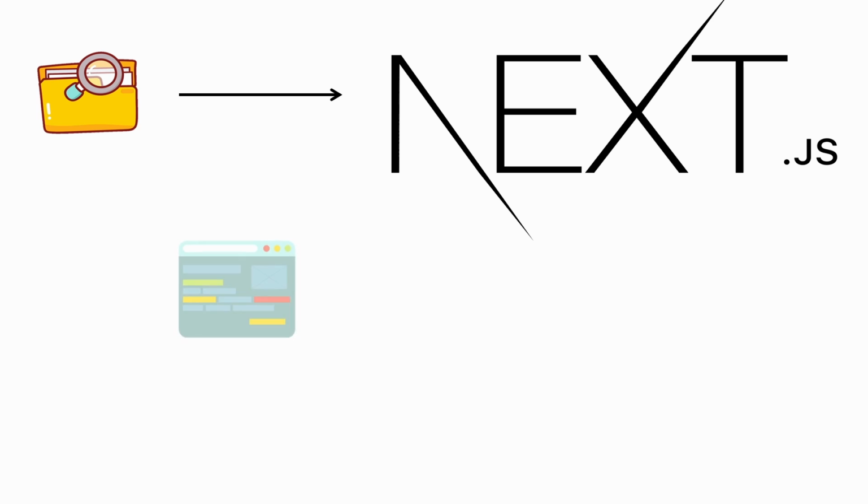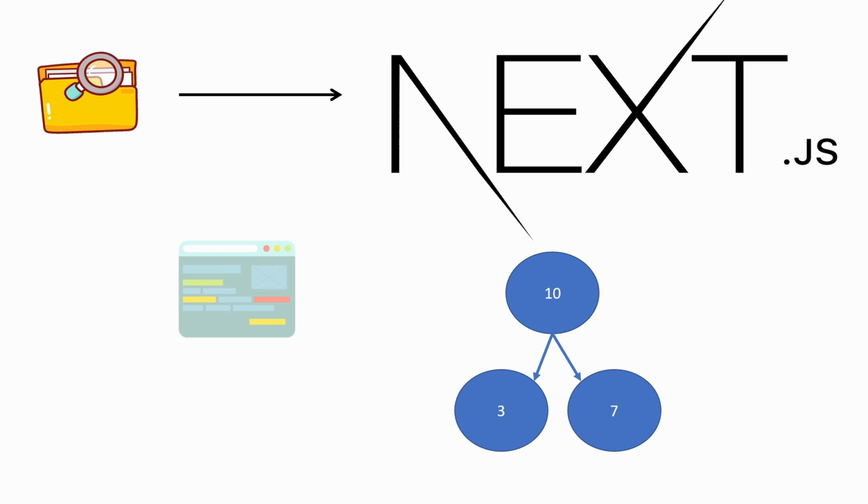Here, we will follow the same as true but without fallback. For example, we want 10 static pages. We can create 3 static pages at build time and 7 pages at user request time.